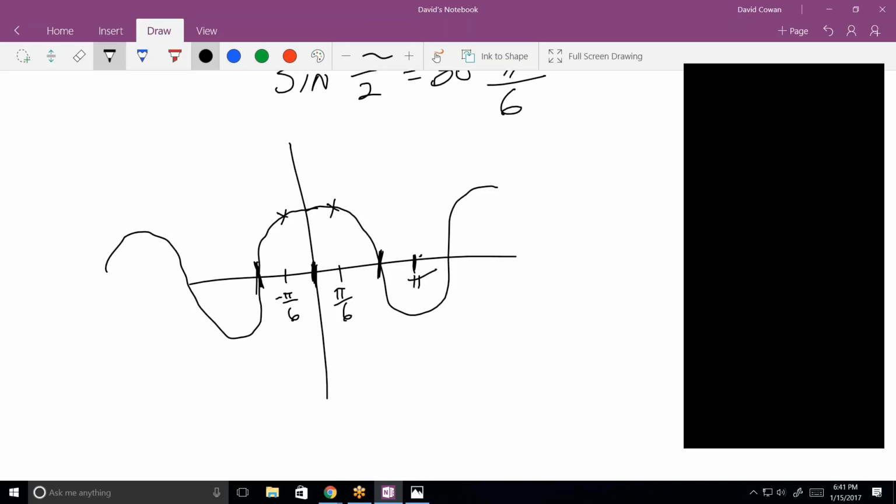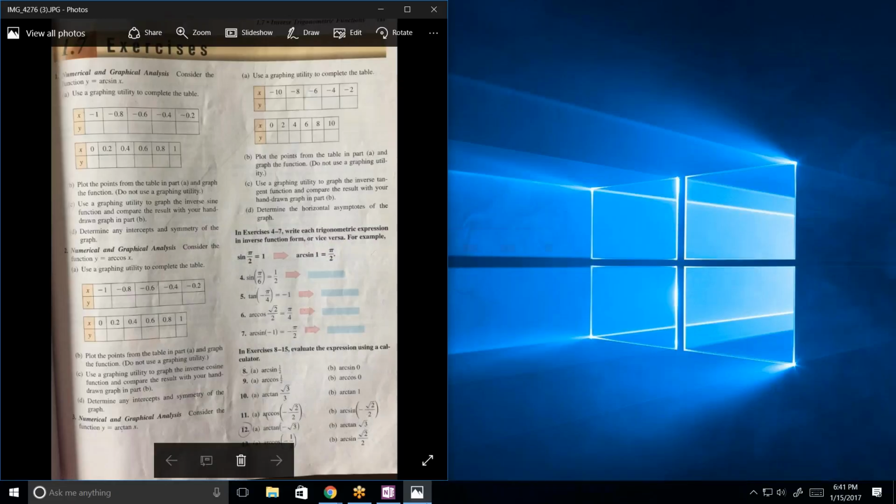In other words, this part of it right here, which is the first and second quadrants. So when I flip this thing about that y equals x line, I get the curve that we're looking at in Wolfram Alpha.